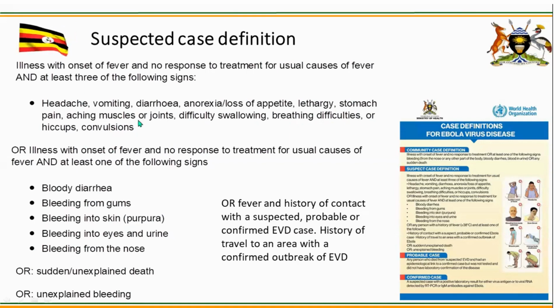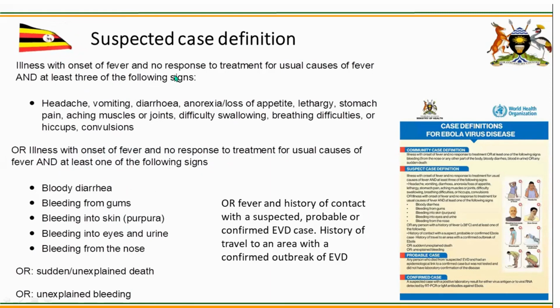If that's not the case, the other option for the case definition is illness with fever that has not responded to treatment, or a history of fever, because someone can have a history of high fever, and by the time you're doing your temperature check, she is not febrile, with at least one of the following.